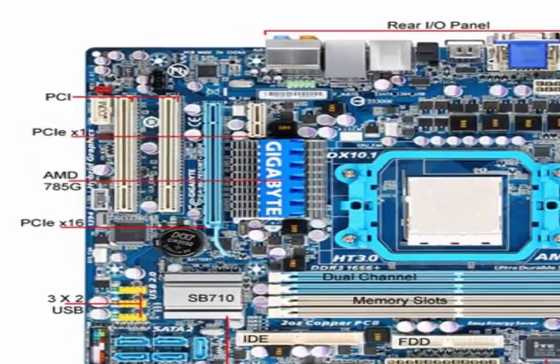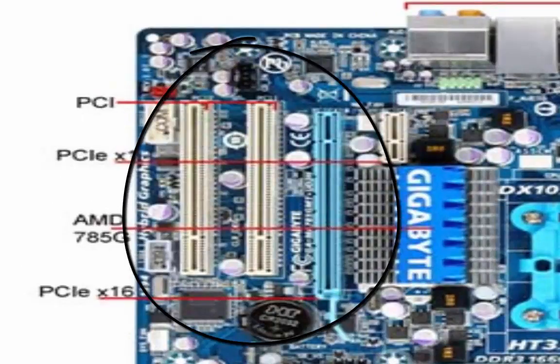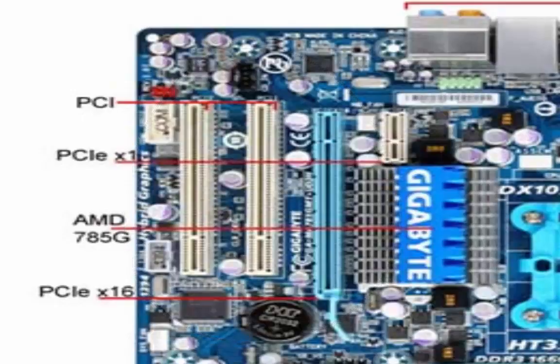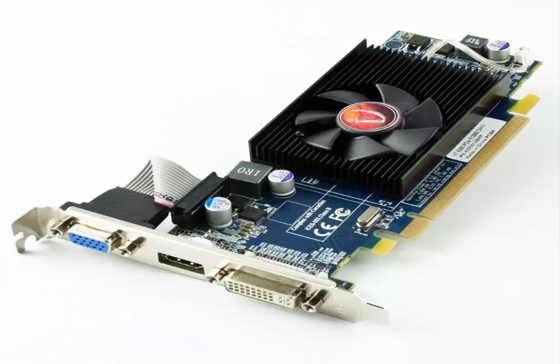On that port there you will have your various cards hooked up, like graphics cards and sound cards. Graphics card is nothing but this, which just controls all the graphics on your computer. We call this GPU, that is graphical processing unit.